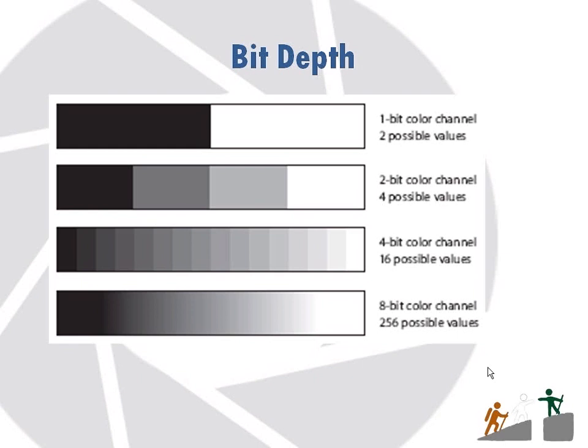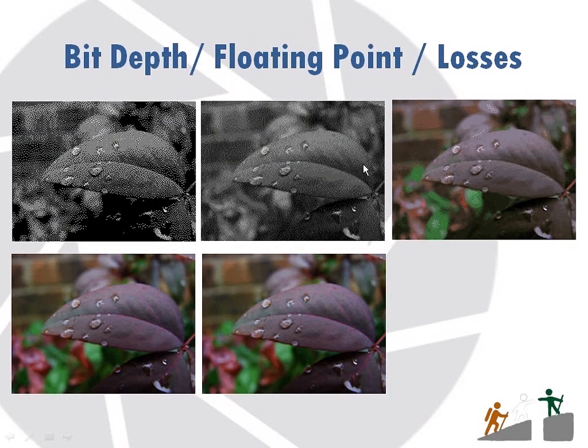If it is on a Mac screen, it can definitely show 256 colors. If it is on a Silicon Graphics screen, it will show. So that's the purpose of calibration. Once again, I'm not getting into the topic because it's a huge topic. But what I want to tell is, as the bit depth increases, you can see how many details come out in a picture.